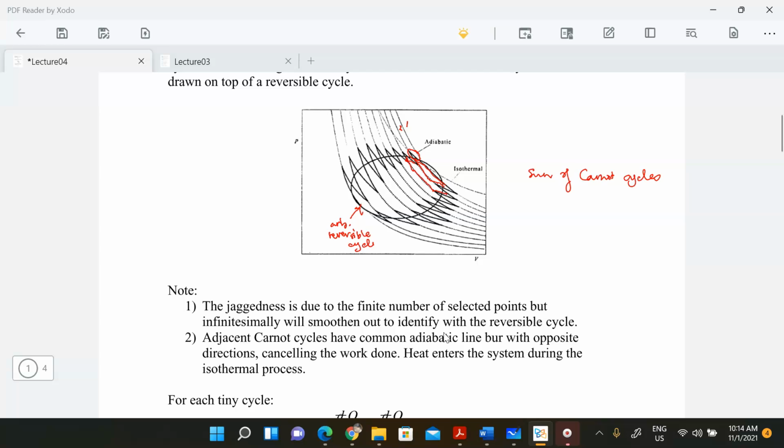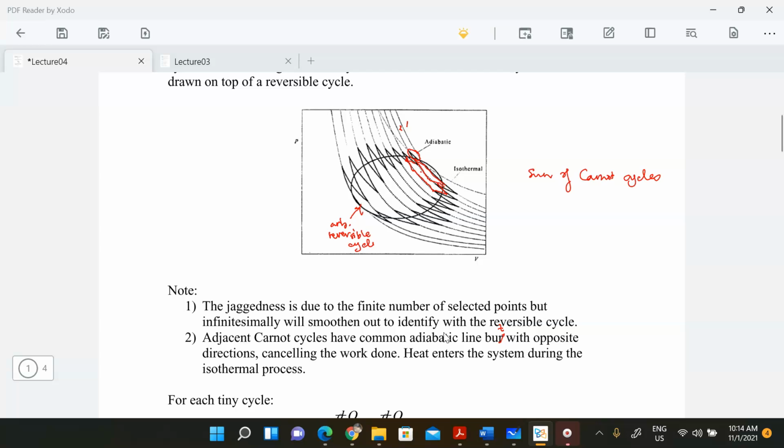There's a common adiabatic line here, which has opposite directions: it goes this way for the top one and the other way for the bottom one.